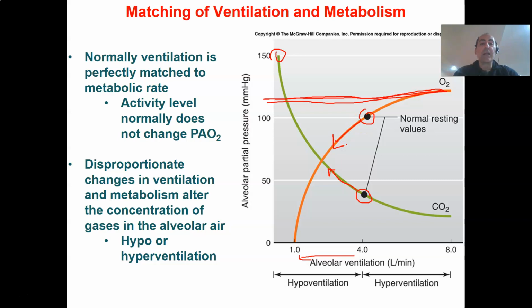Because you're breathing less, you're bringing in less O2, and you're also expiring less CO2. So O2 is going to come in at a slower rate, and CO2 is going to go out at a slower rate. So O2 goes down, there's going to be less O2 in the alveoli, and there's going to be an increasing level of CO2.